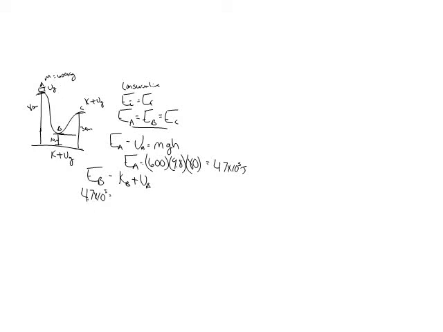Then kinetic energy is 1/2 m v squared at B plus mg times the height at B, y at B. It could be hB too if you prefer. Now we just plug our numbers in: 4.7 times 10 to the 5 equals 1/2 times 600 times vB squared plus 600 times 9.8 times 10. We should be able to solve for vB.